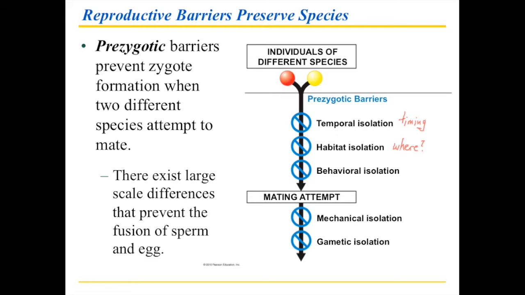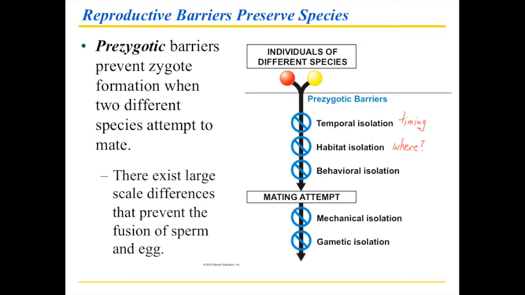Now let's say that all of these work. So that means that the timing is right, they're reproductively active, the habitat is right, they are able to encounter each other, and the behavior doesn't really matter for whatever reason, then mating can take place. Well, even if mating takes place, what can then prevent the formation of a zygote? One of these things would simply be mechanical isolation.